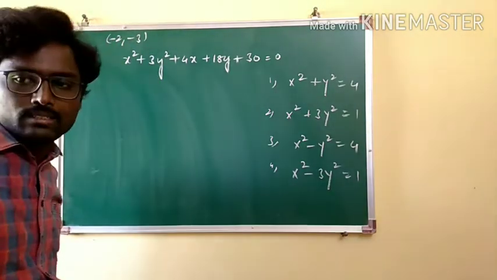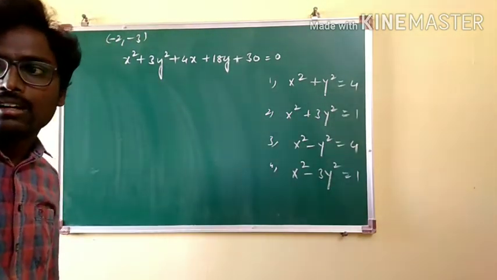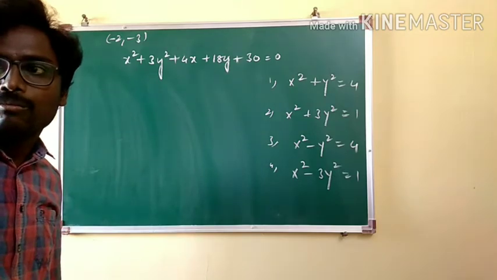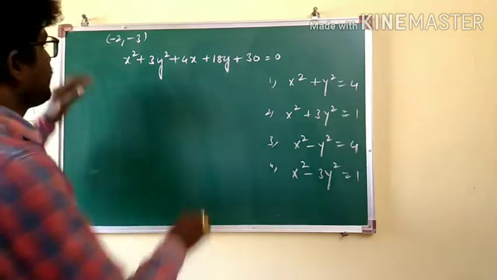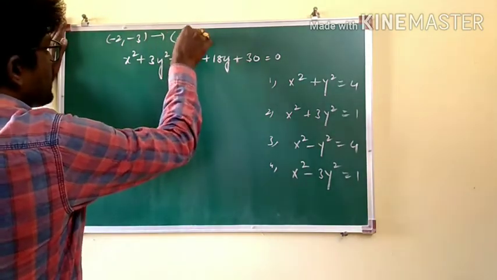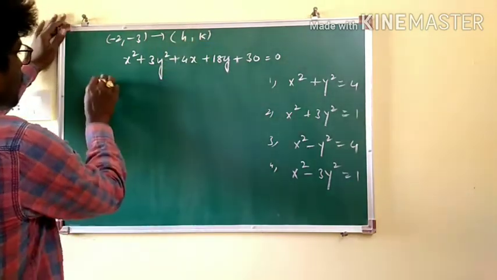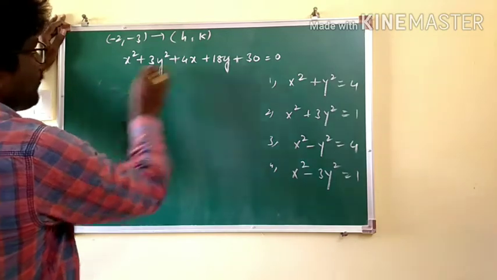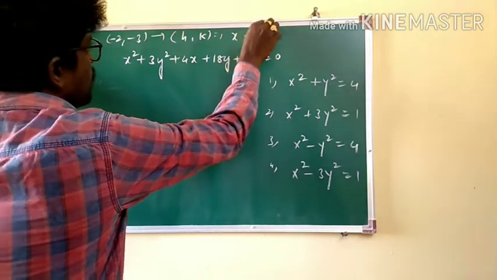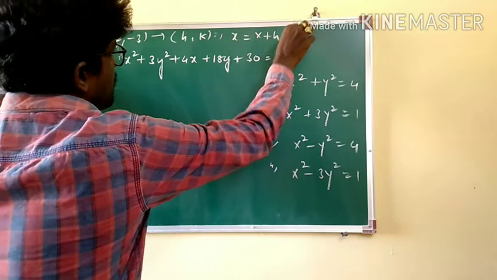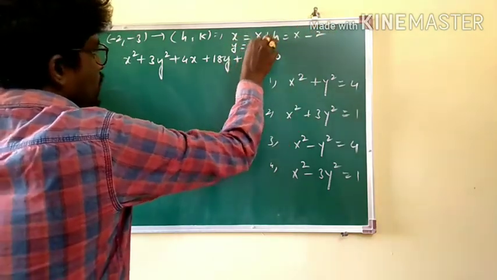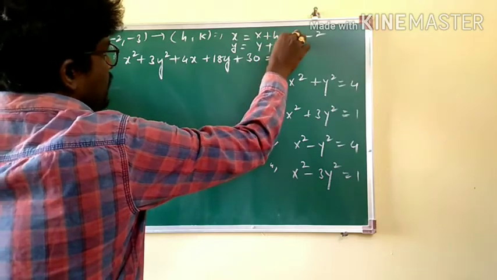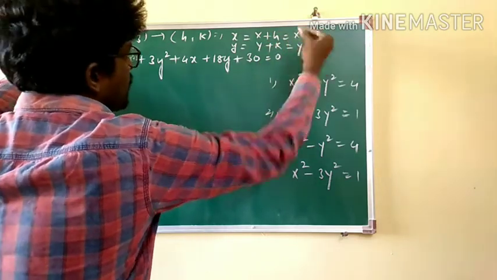What the question speaks here very clearly: axes are translated to the point (-2, -3). Here the given coordinates are (h, k). Therefore, x is equal to capital X plus h, that is capital X minus 2. y is equal to capital Y plus k, that is capital Y minus 3.